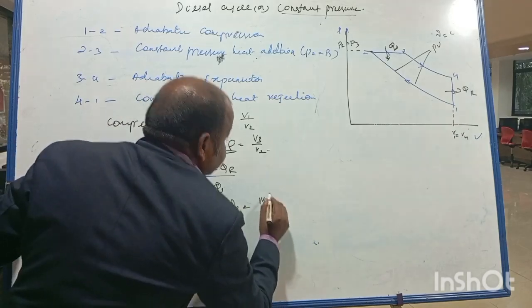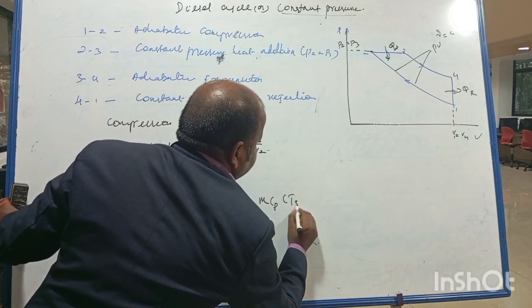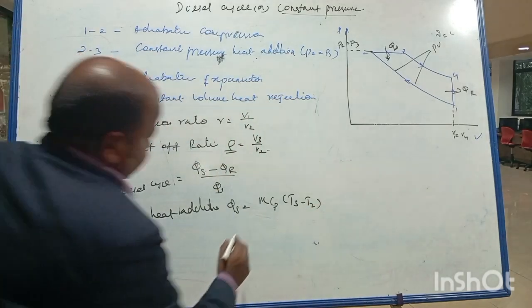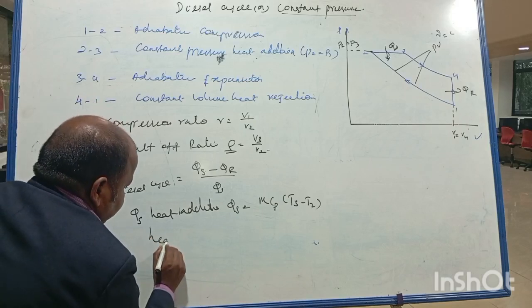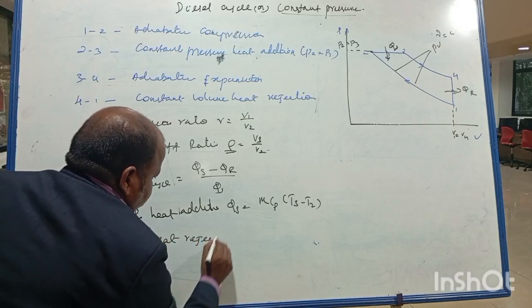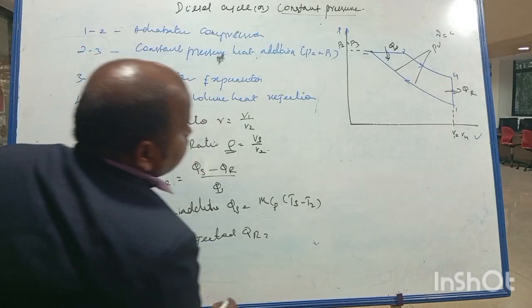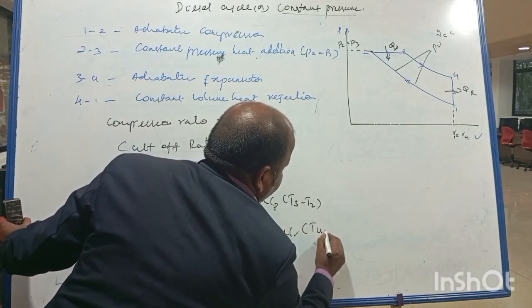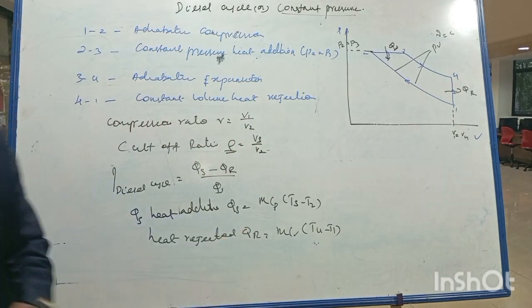Heat addition Qs is m Cp into T3 minus T2, and heat rejected Qr is nothing but m Cv into T4 minus T1. Now I am going to substitute this into the equation.